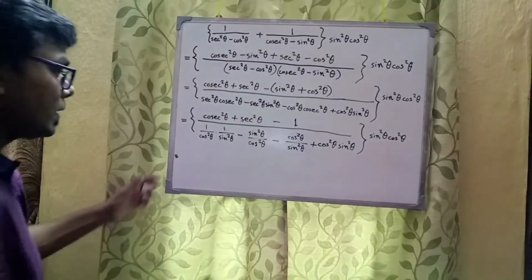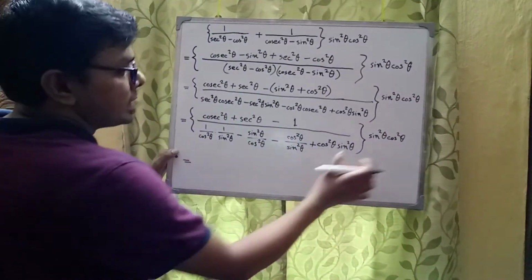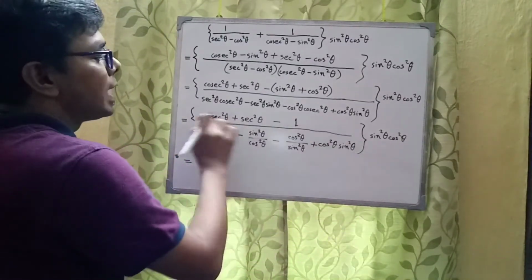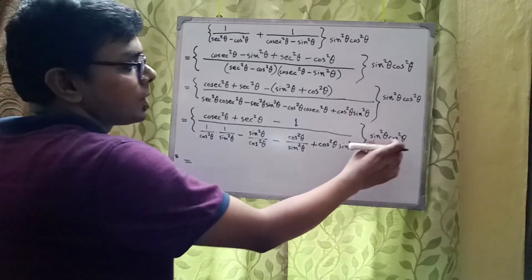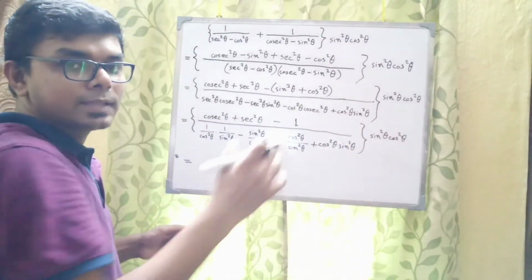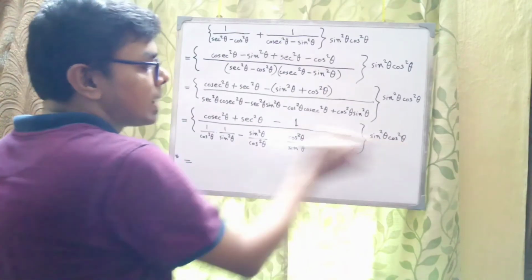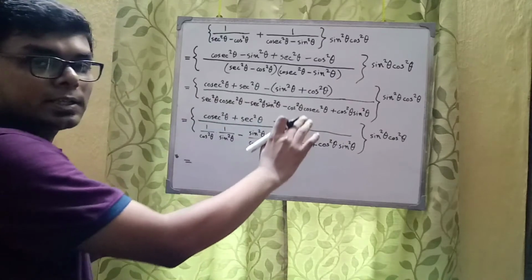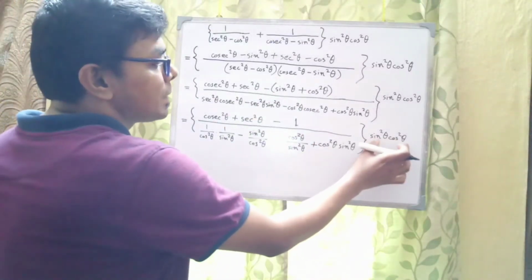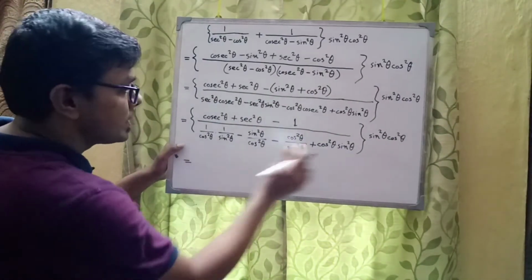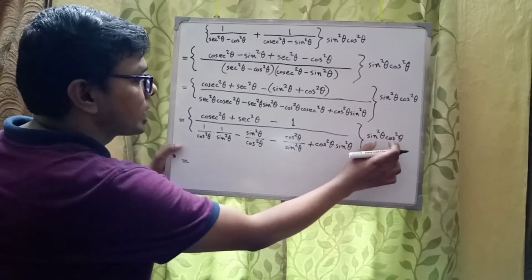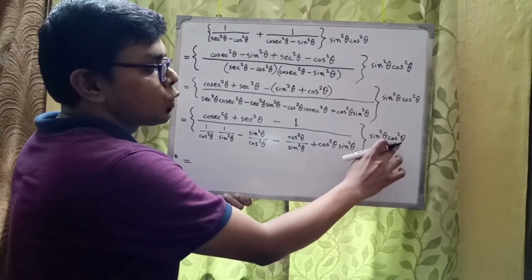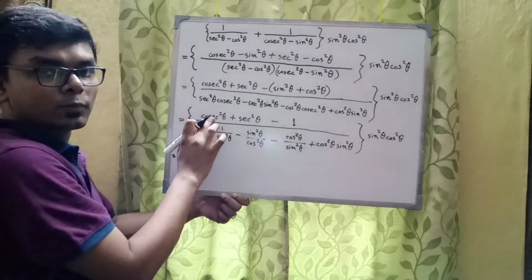Now this factor and this factor sin² θ cos² θ should be multiplied with the numerator. As you can understand, and I think you are quite familiar with algebra, this has to be multiplied with the numerator. There's nothing to be done further in the numerator. So we are left with sin² θ into cos² θ into cosec² θ as the first term.